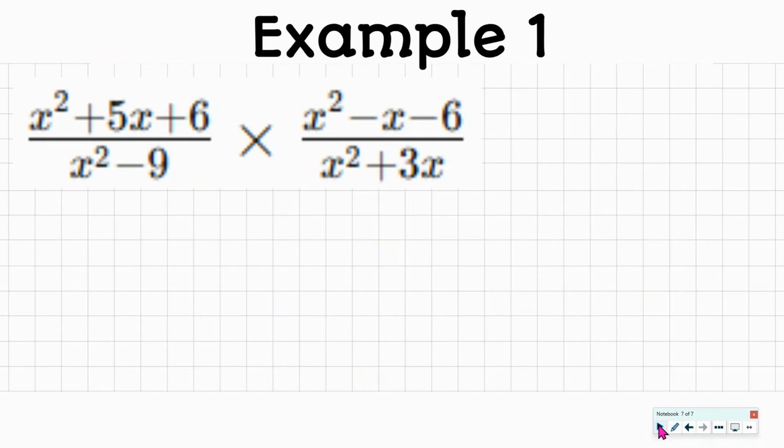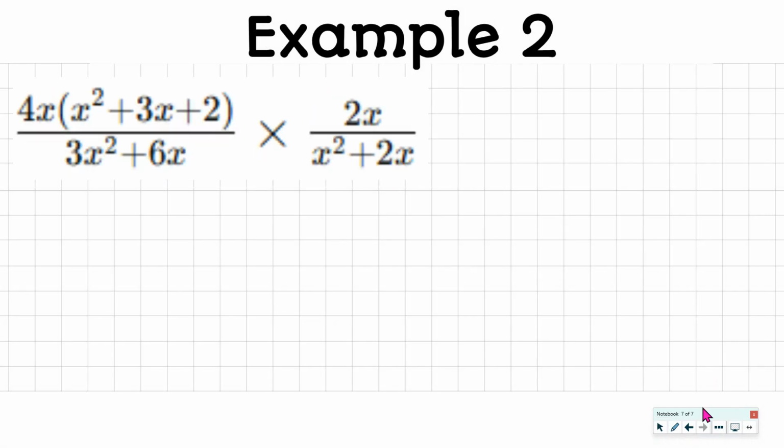Let's try another. All right. If you want to pause and see how you do on your own with this problem, feel free to do that. But I'm going to go ahead and dive in.